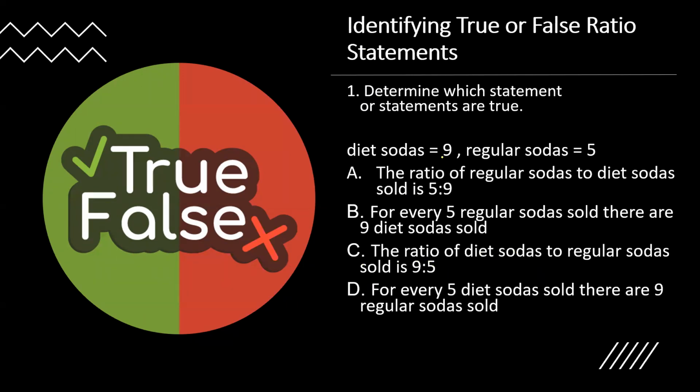Very good, because they have diet sodas first, right? So diet sodas is 9, regular sodas is 5. So the ratio of diet sodas to regular sodas is 9 to 5. Very good, that's correct. Is that the only one that's correct? Yes, sir. Because all the other ones are written in the opposite way, right? So the only one that's correct is C.